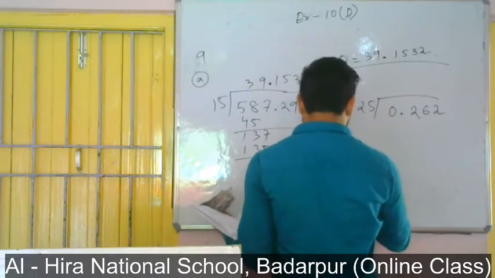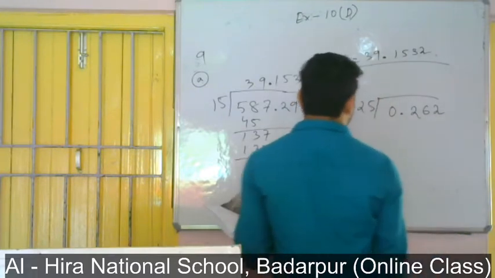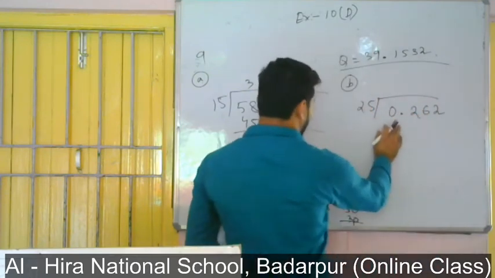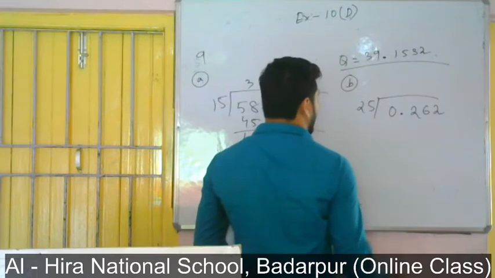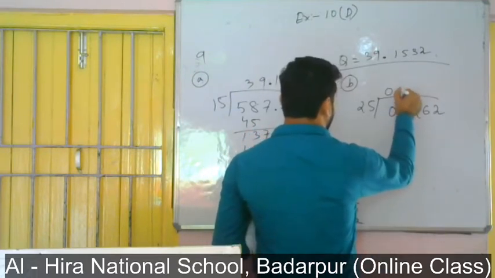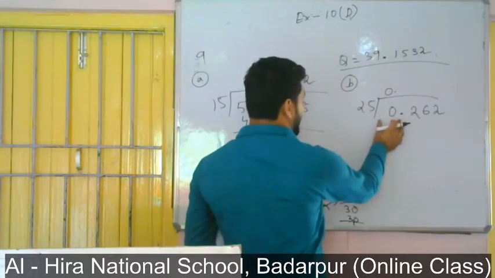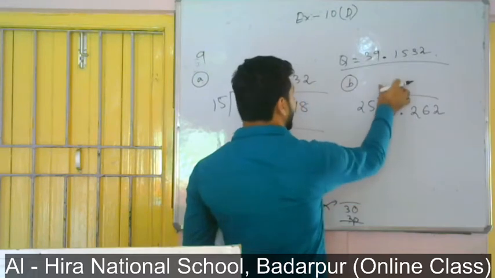So you see, we cannot divide this one. So we'll put 0. After that point, because we cannot divide this integral part, so for that reason we will put 0 point.